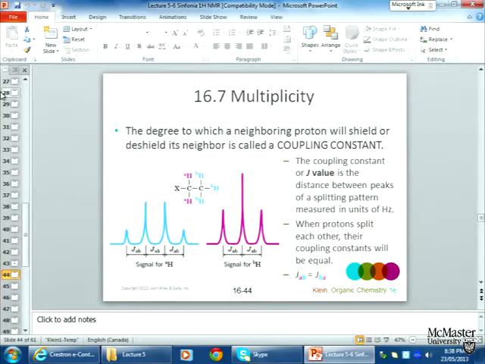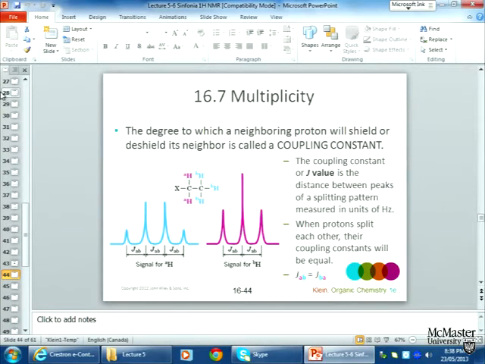That combination of a triplet for the methyl group, integrating for three H's, so it's a 3H methyl group, and a quartet integrating for two H's, is absolutely characteristic of an ethyl group. So you've got connectivity information from the coupling that you didn't have before. Chemical shift only told you that you had a methyl and a methylene. It didn't tell you that they were next to each other. Coupling, now you know.